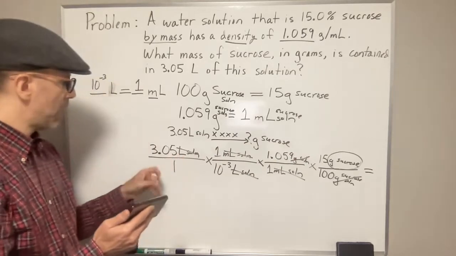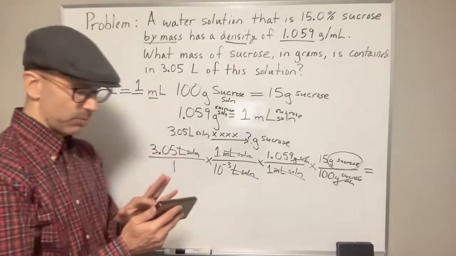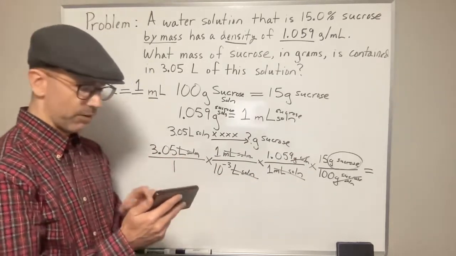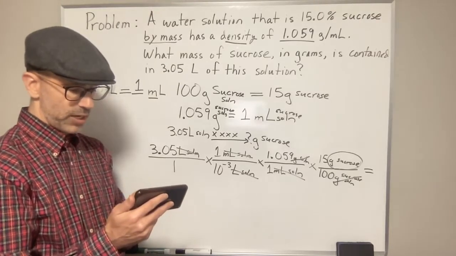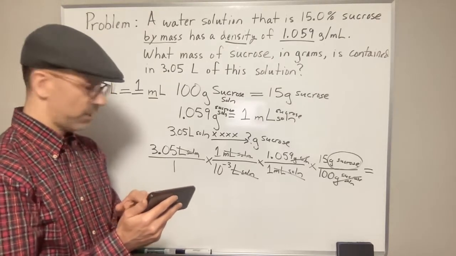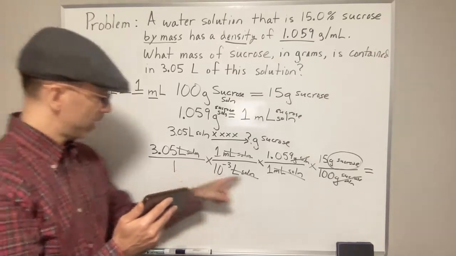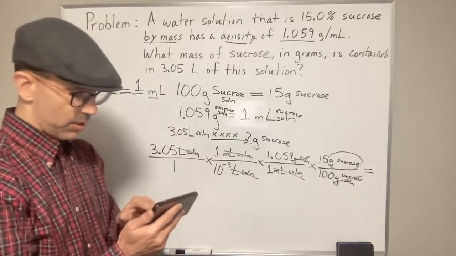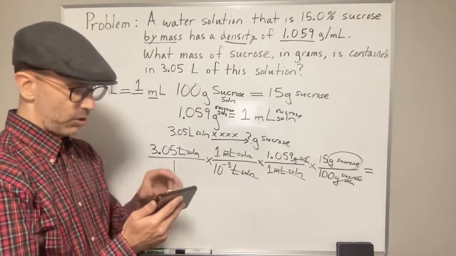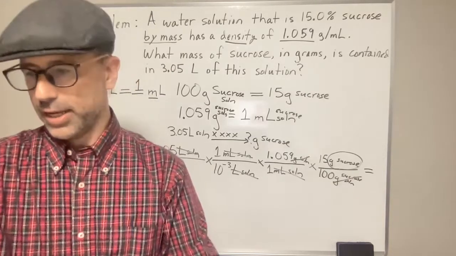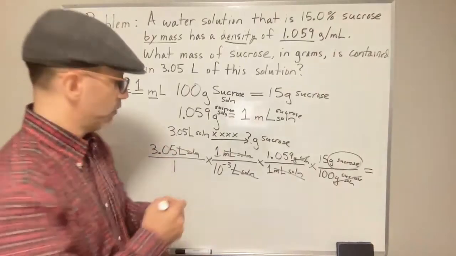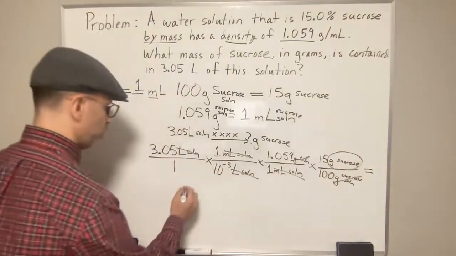Now I'm done with the top. Now I'm going to divide by what's on the bottom. So I'm going to divide by 10 to the negative 3, and I'm going to divide by 100, equals.